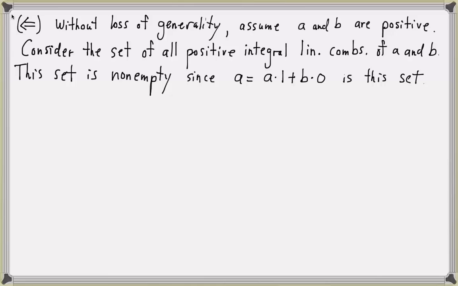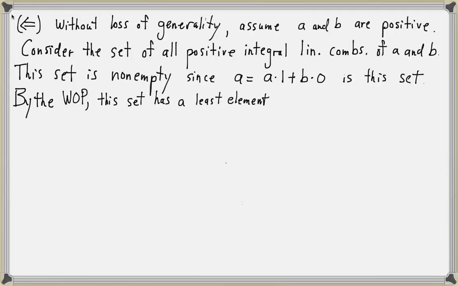So we have a non-empty set of positive integers. By the well-ordering principle, this set has a least element, which I'm going to call d.